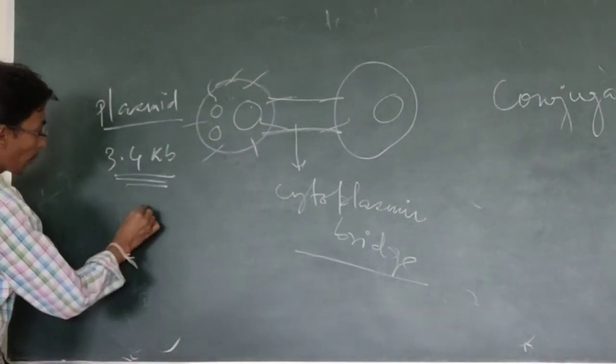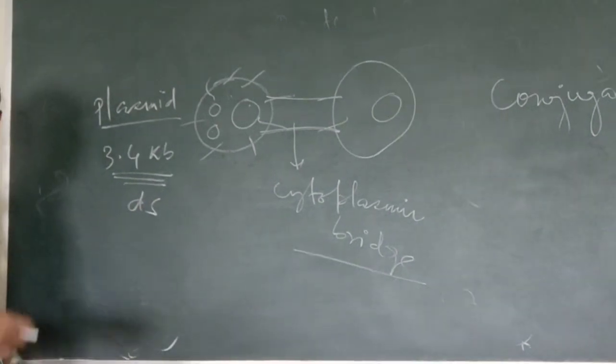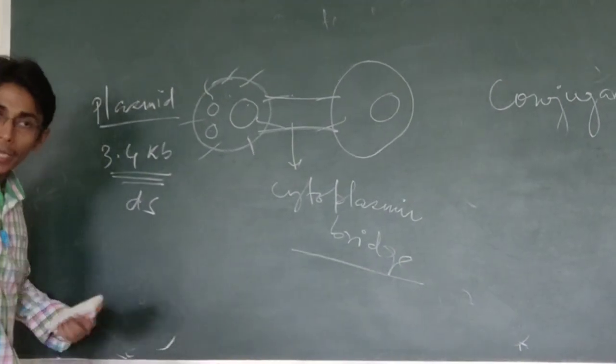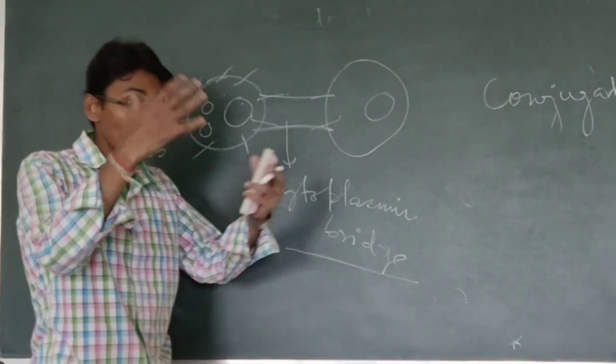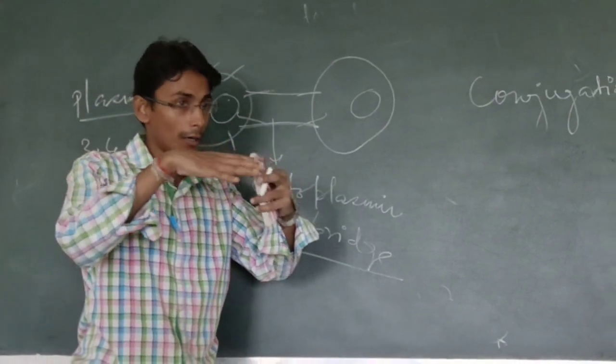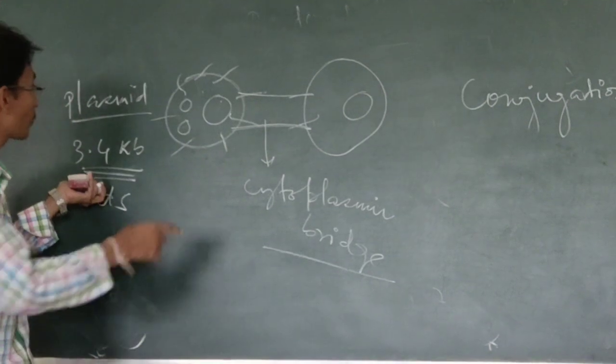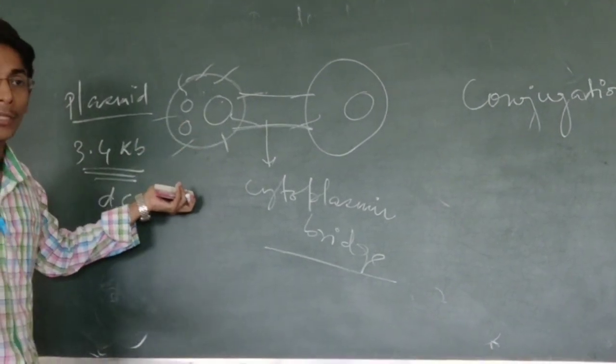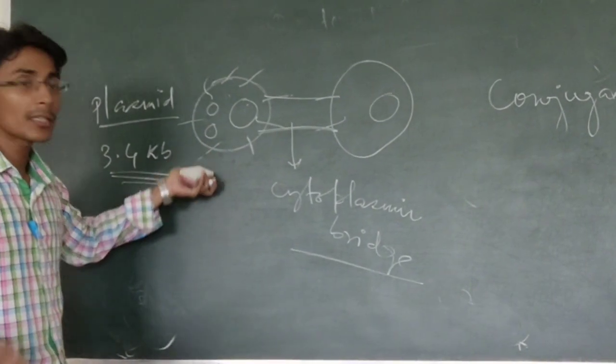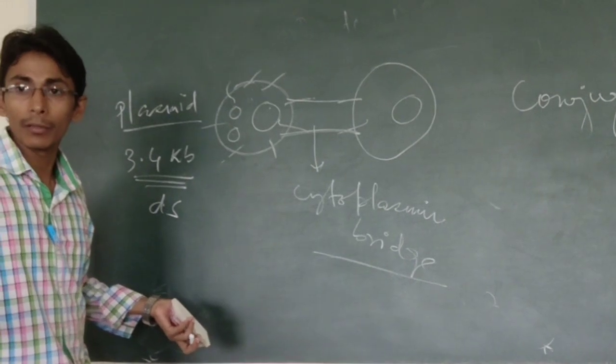It is double-stranded and self-replicable. It's not that when the bacteria replicate, the plasmid is duplicated along with them. The plasmid can replicate in its own manner.